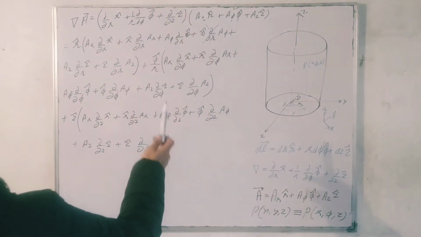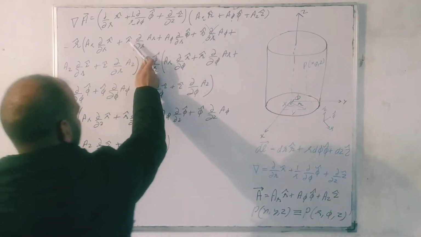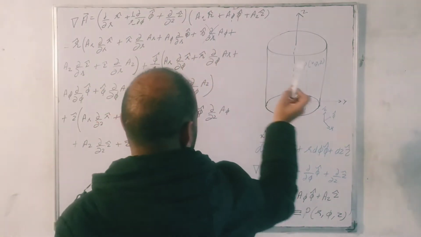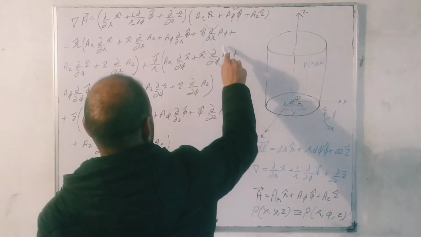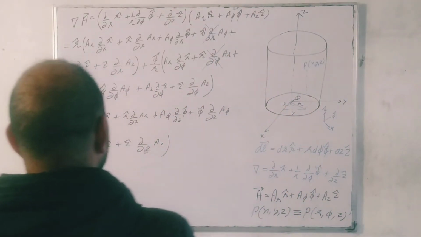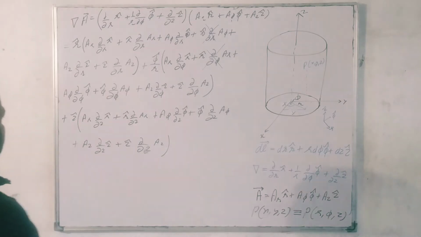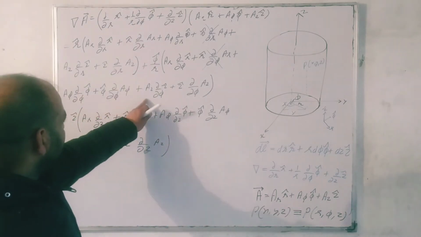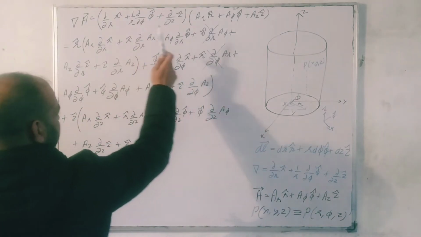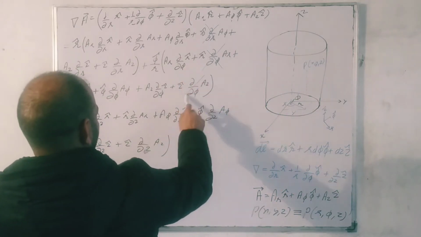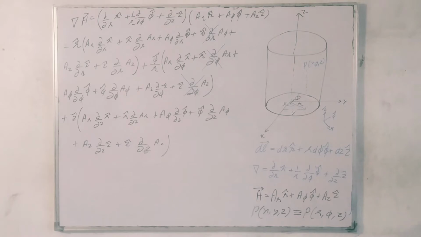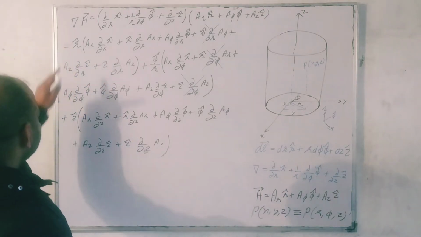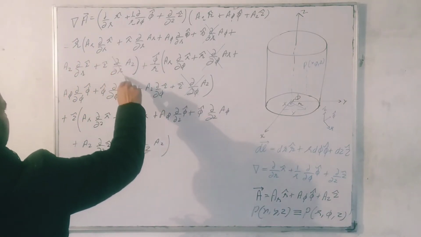Next, we have this phi cap with this R vector. Now phi and R are also perpendicular. So that's why this component is also going to be 0. Next is this phi cap with this Z cap. So this component is also going to be 0. And here something like this R cap with this Z cap.